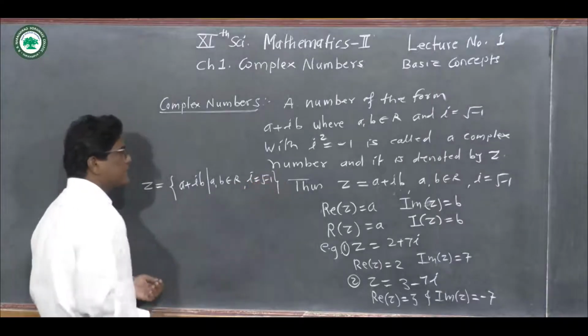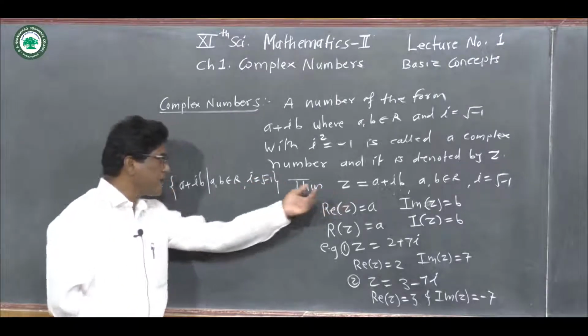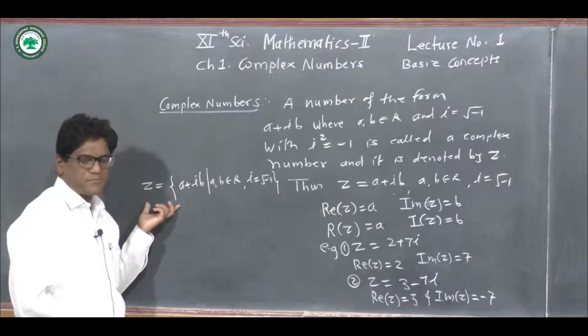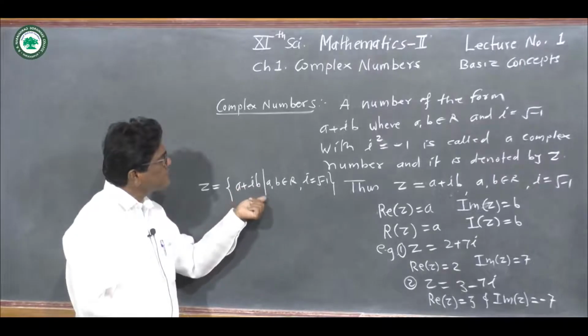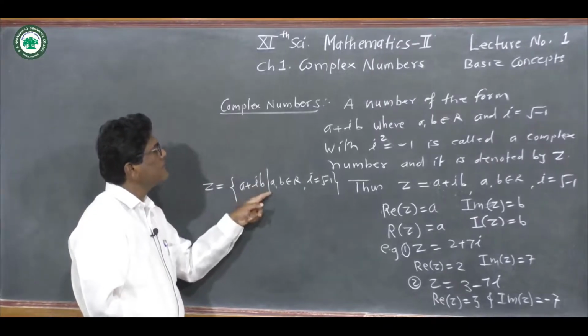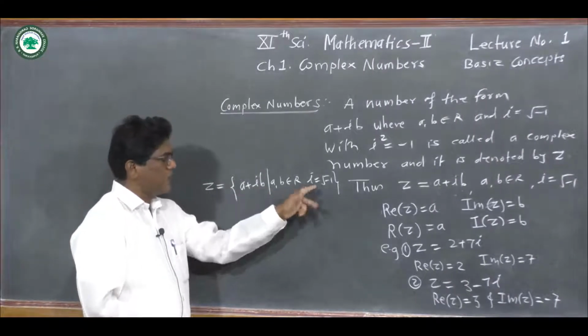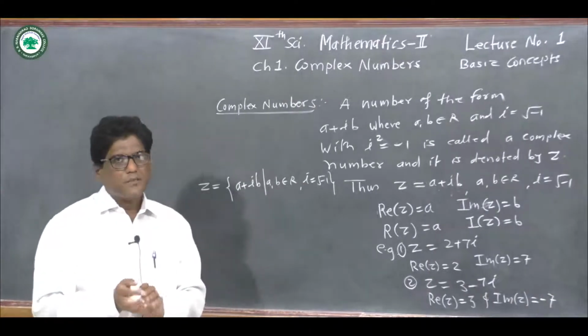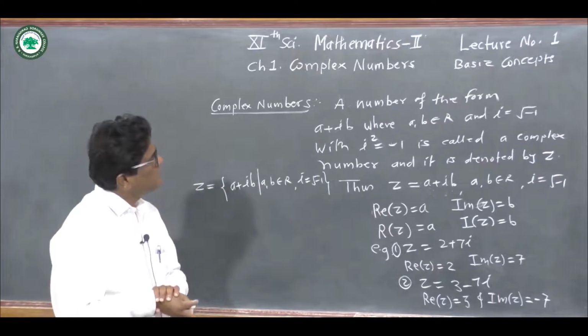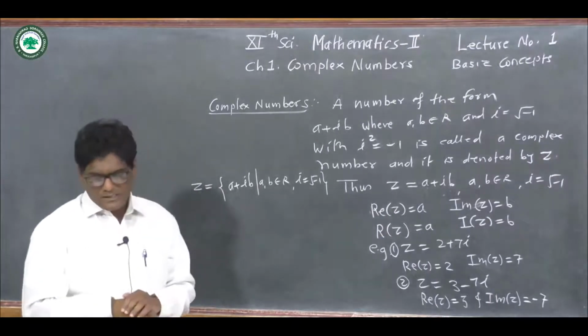So we denote Z is equal to a plus ib in set notation like this: Z is equal to a plus ib, where the vertical line means such that, a, b belongs to R and i is equal to under root of minus 1. So this is the basic definition or basic concept of a complex number.